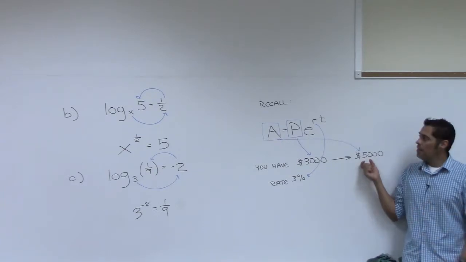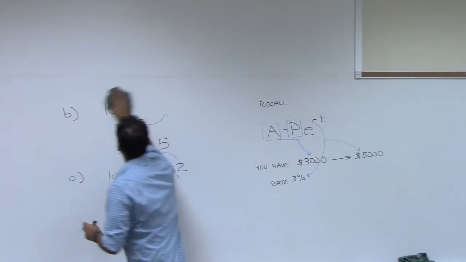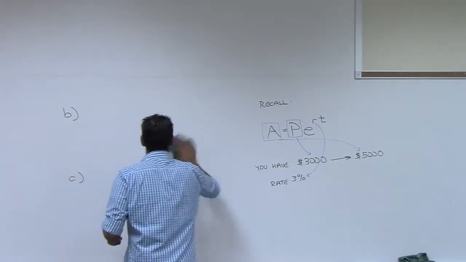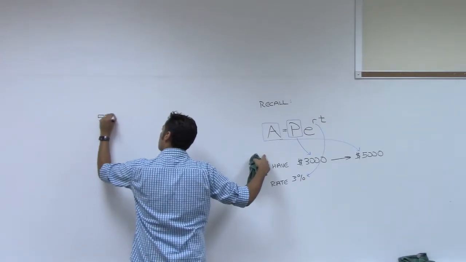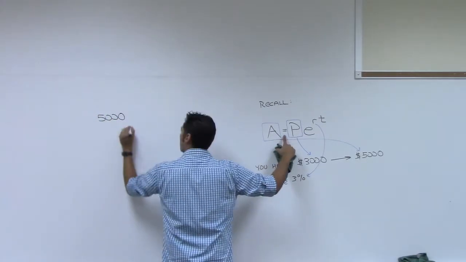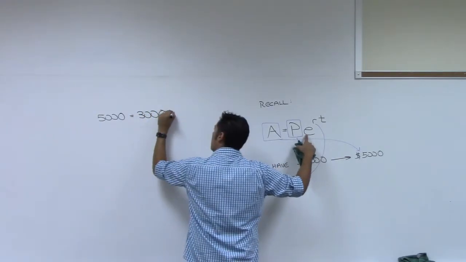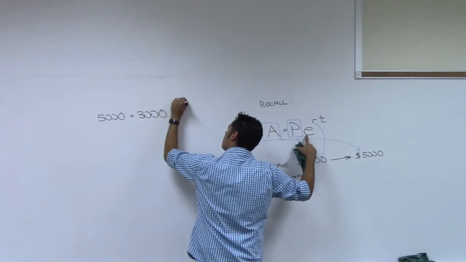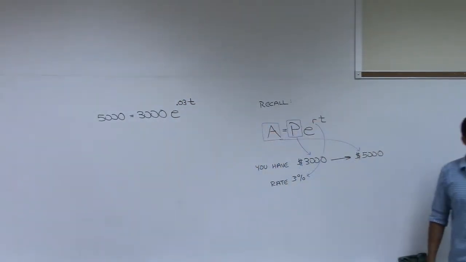What you'd have to do then, let me write the equation down. This equation would turn into 5,000, that's A, equals P, which is 3,000, times e to the 0.03, and then T I don't know, do I?